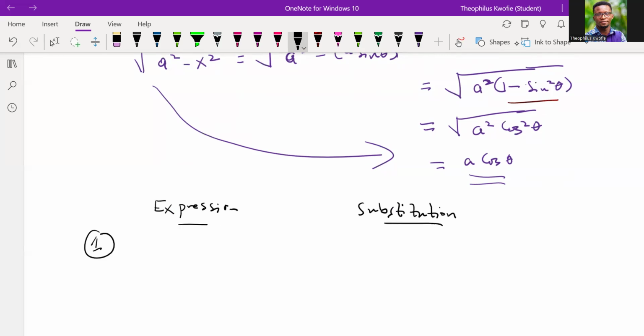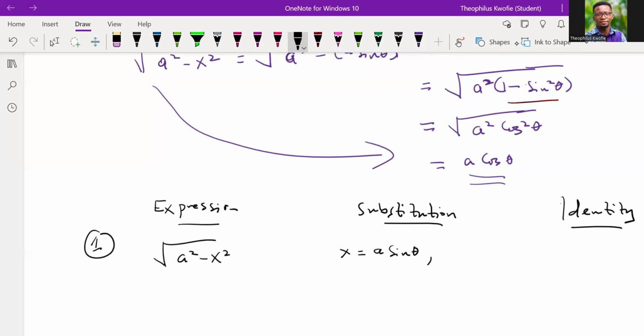Then we want to look at the identity. I know all of us may be quite familiar with the identities, but we would revisit them. So if I give you an expression as this, which substitution should you use? When we see an expression such as the square root of a squared minus x squared as an integrand, then in order for us to solve that, the best substitution will be x equal to a sine theta.